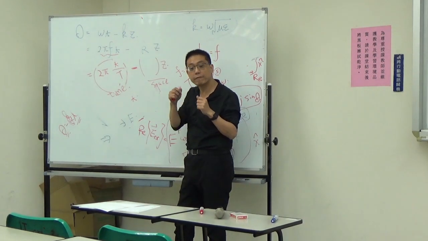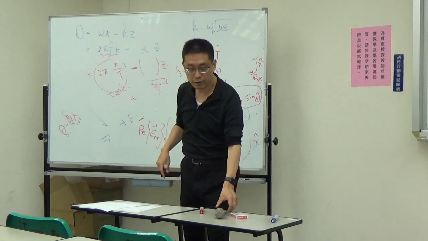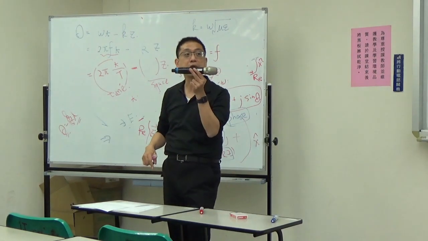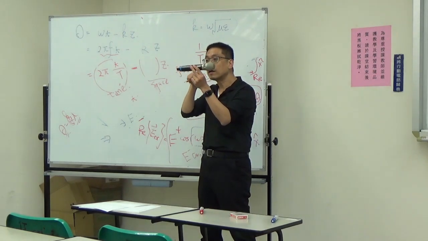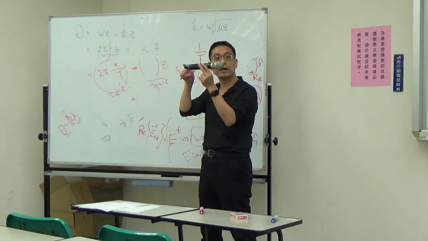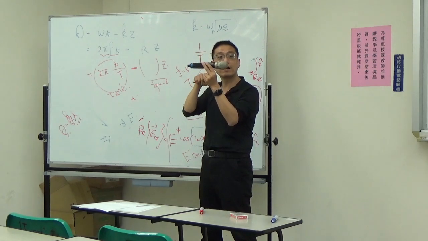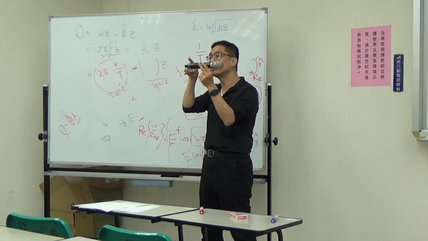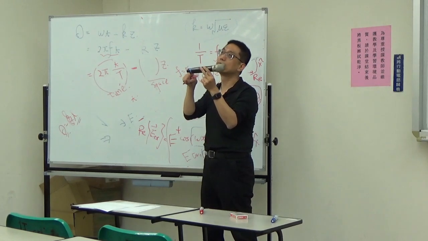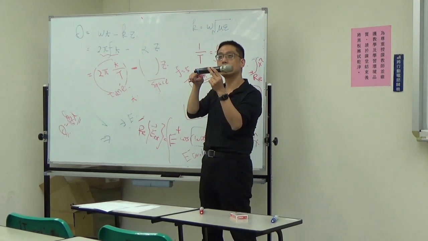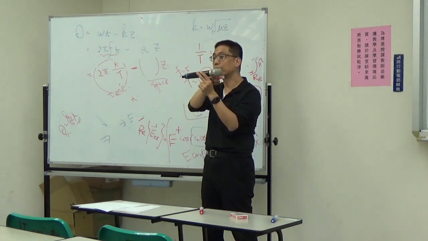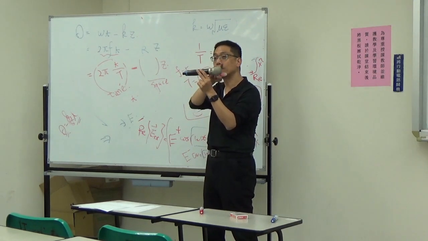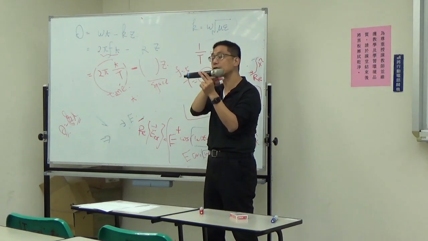Okay? In a physical meaning, if I tell you that this is one wavelength, it means my wave has a complete cycle from 0 degree to 2 pi, right, for the cosine. Okay?